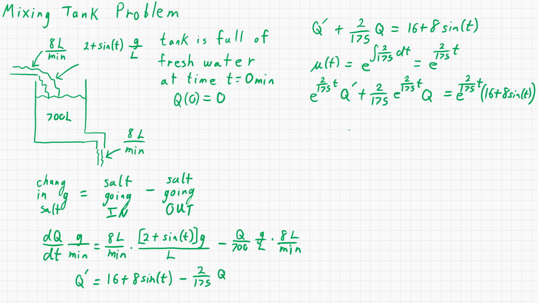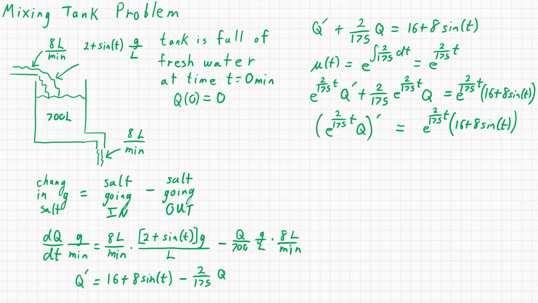Okay, kind of reverse product rule, right? So we have e to the 2 over 175 t times Q prime on the left, and on the right e to the 2 over 175 t times 16 plus 8 sine of t.